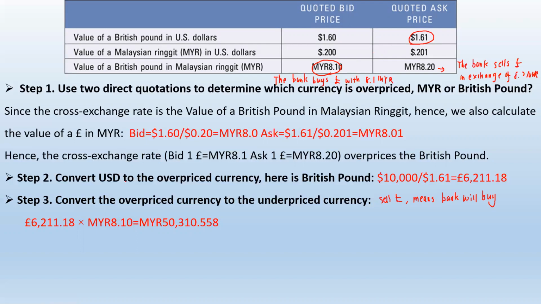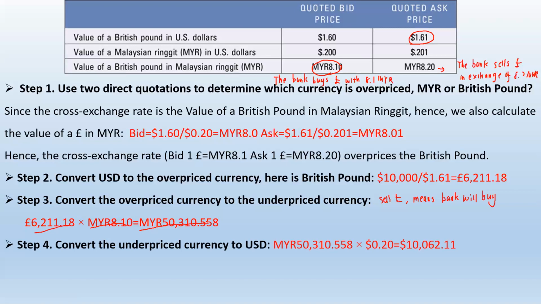So we use the bid price of the cross exchange rate, and we have this amount of British pound. So in total, if we sell it and exchange for MYR, we have 50,310 MYR. And finally, we convert this MYR into US dollar.